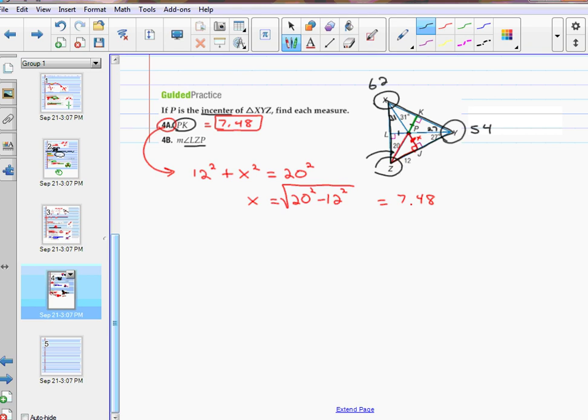So what's left for this complete angle right there? Well, let's try it. 180 minus 54 minus 62. What's left for that whole angle? 64. And now that's not our answer, what will we have to do with that 64? Divide it by 2, because we wanted this little angle here. We know that's an angle bisector. 32 degrees. So, Mr. Hanson, good thinking. 180 degrees in a triangle is what we wanted to work from.